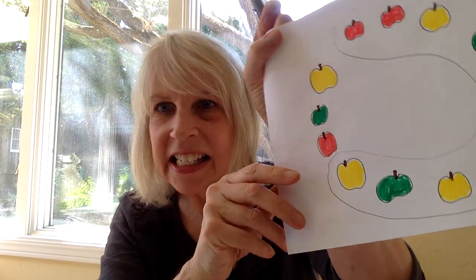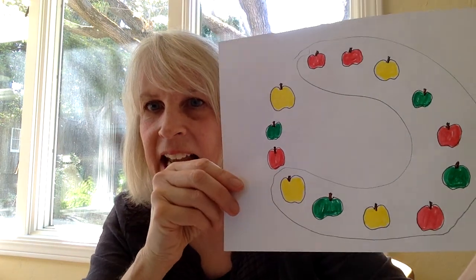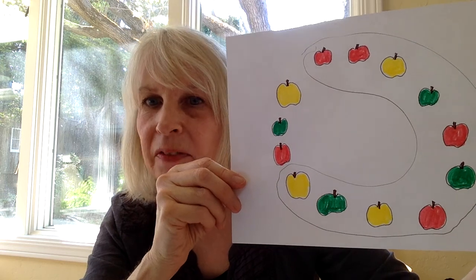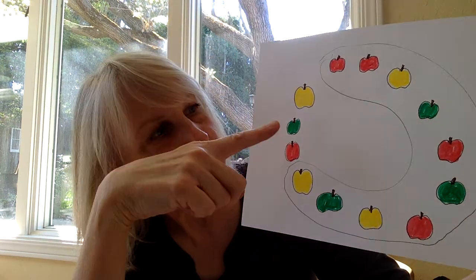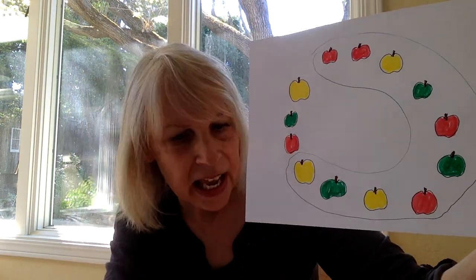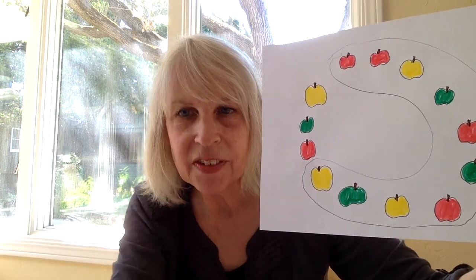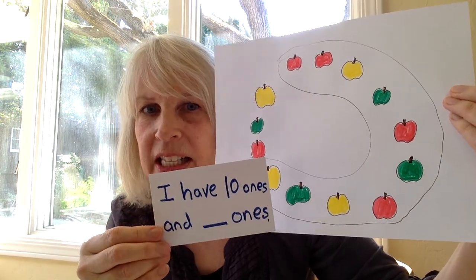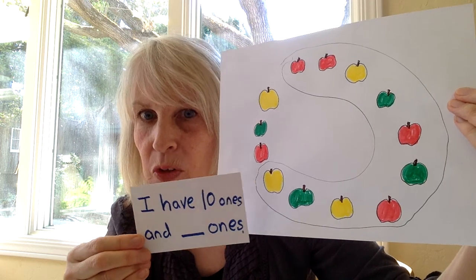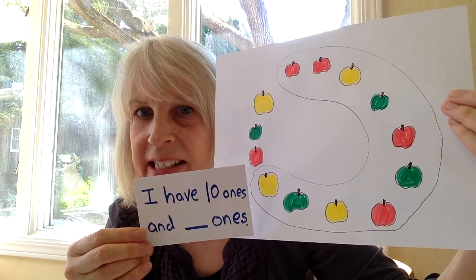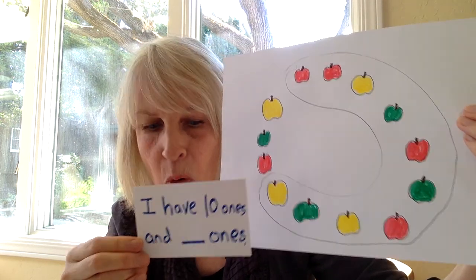So I'm going to draw a quick circle just around the tens group. You can easily tell where the 10 apples were. And then you have 10 and this many more, 1, 2, 3. So if you're filling out this kind of a sheet that's on the worksheet, then you have 10 ones, which are the circled apples, plus that many more.